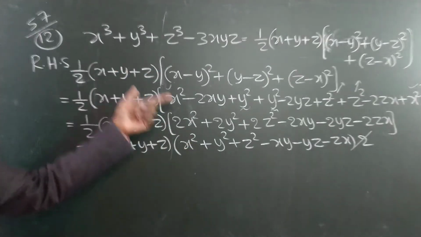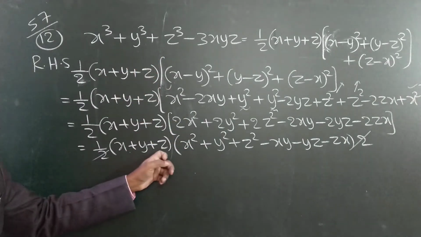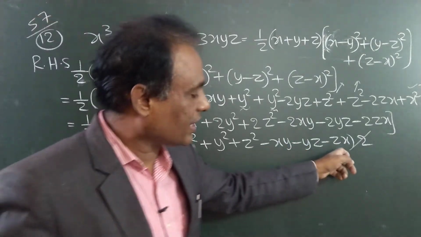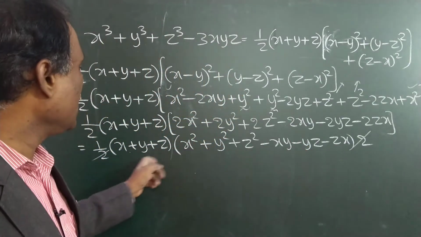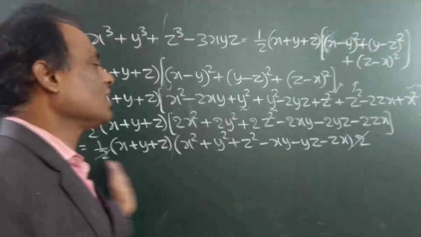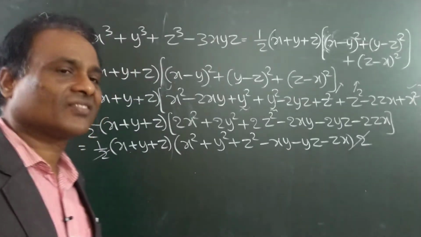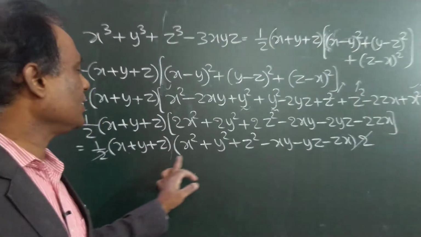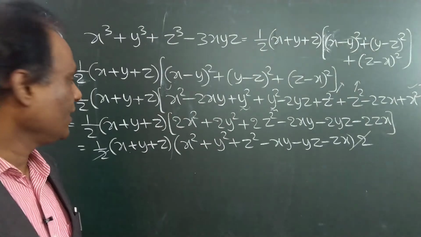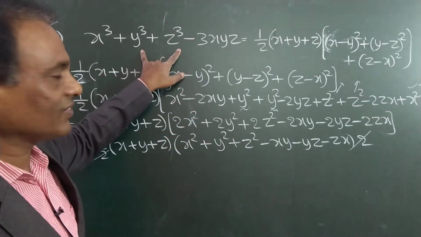This is the identity I told: x plus y plus z into x square plus y square plus z square minus xy minus yz minus zx. If you multiply these two, you will get this. Or else just write it as per the identity.